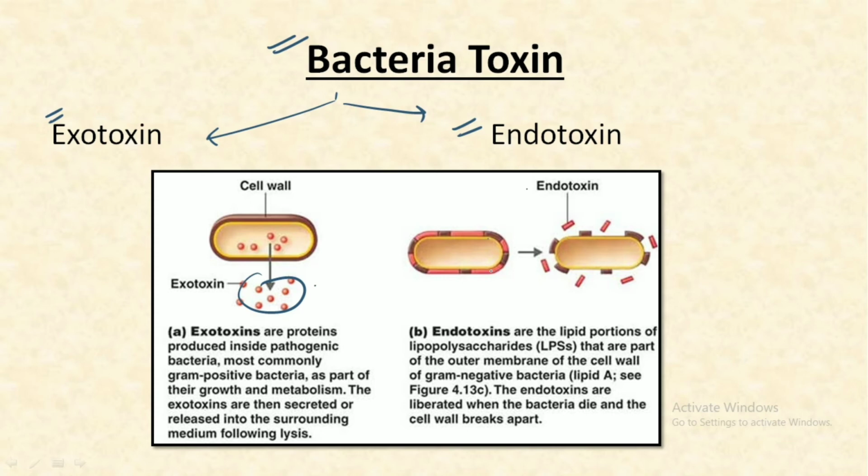Exotoxins are proteins that are secreted by both gram-positive and gram-negative bacteria, but endotoxins are secreted only by the gram-negative bacteria.